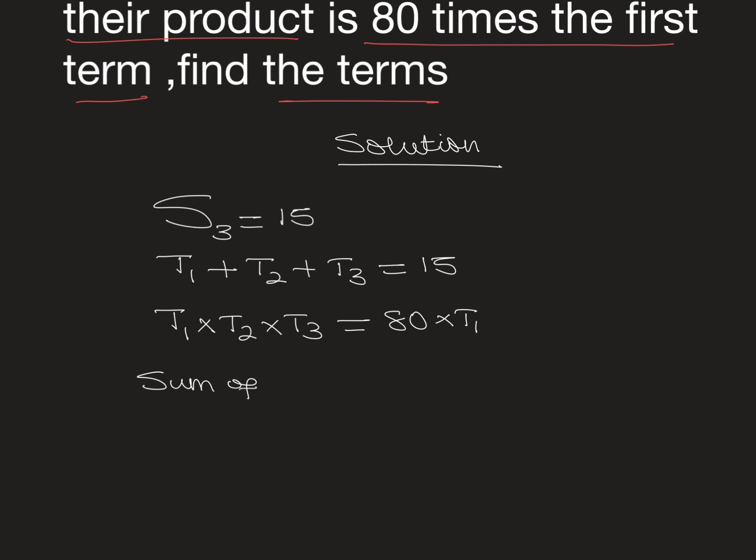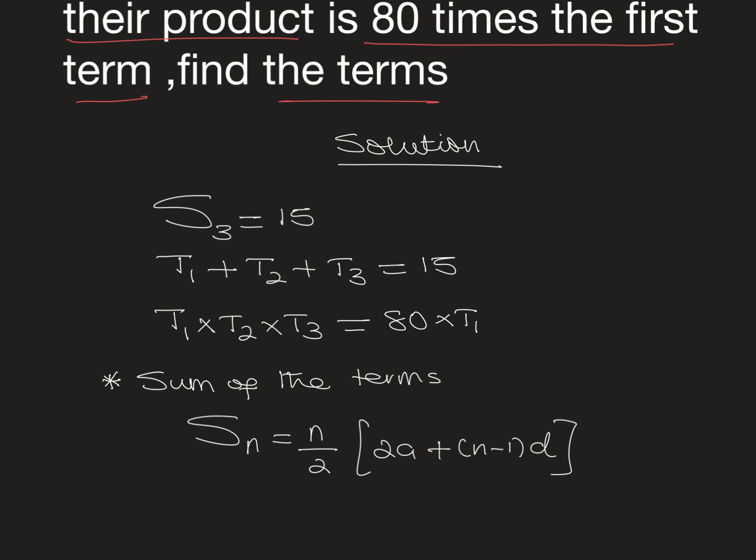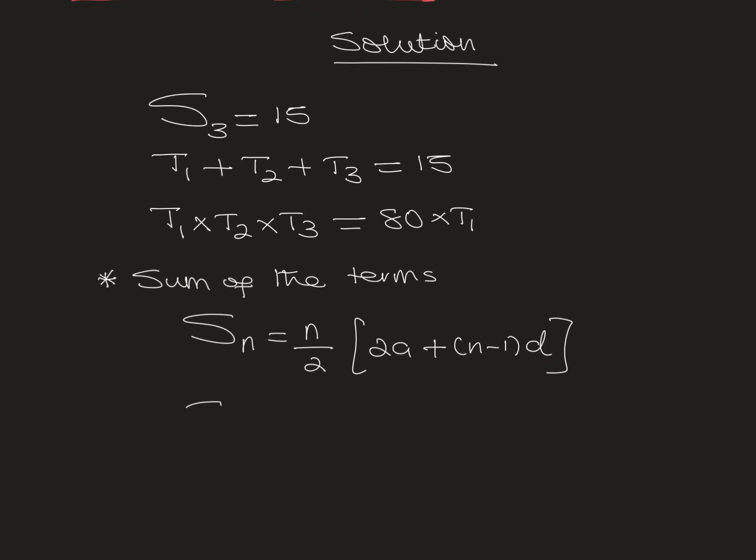Sum of the terms. It is my choice. If I want, I can use this: S sub n is equal to n over 2 into 2a plus n minus 1 times the difference. So the sum of the first three terms will be S sub 3 is equal to 3 over 2 into 2a plus 3 minus 1 times the difference.